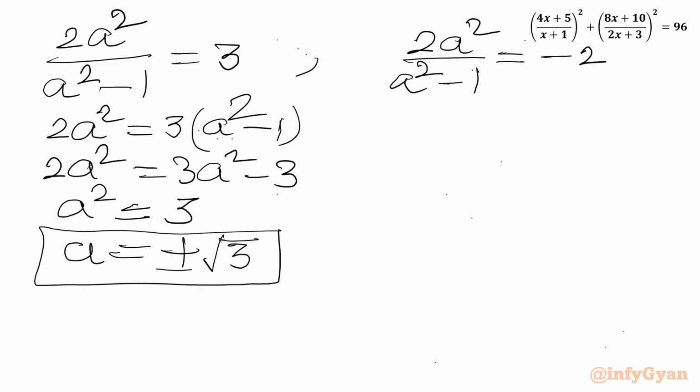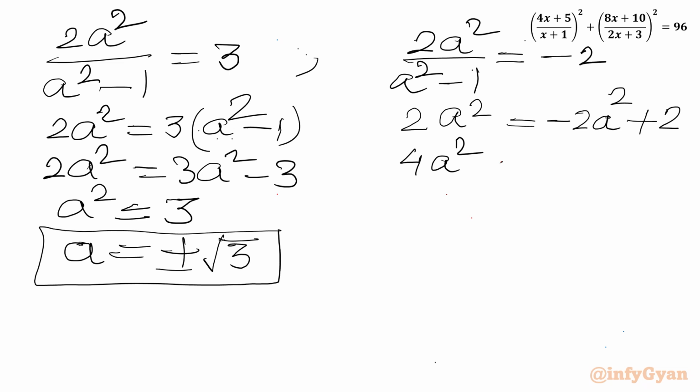Now we will consider our second equation. Let's solve this. Second equation will be cross multiplying: 2a square equals minus 2a square plus 2. Now I will take minus 2a square to the LHS. We will get 4a square equal to plus 2. Now we will divide both sides by 4.